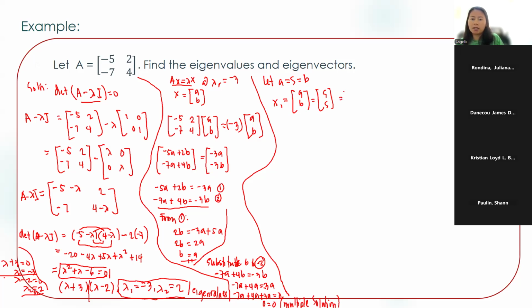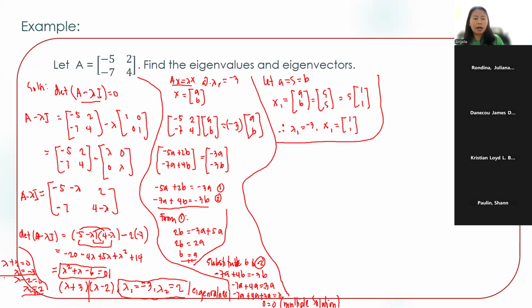Then we simplify this. We factor out your s so we can get the vector 1 and 1. Now this is your eigenvector 1 and 1. So therefore, for eigenvalue equals negative 3, your first eigenvector would be equal to 1 and 1. Right? So that is for the first eigenvalue.